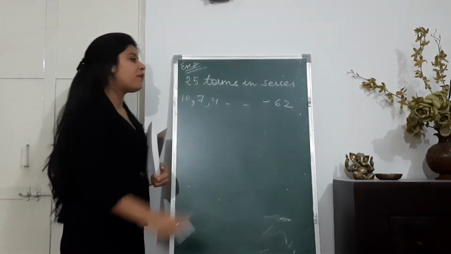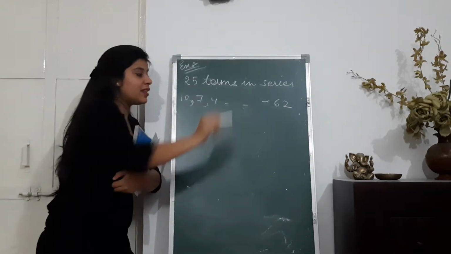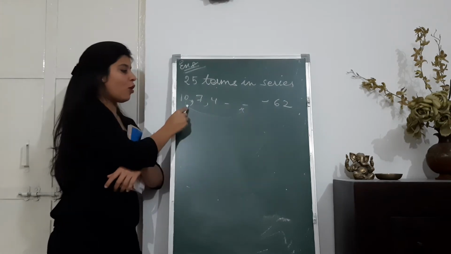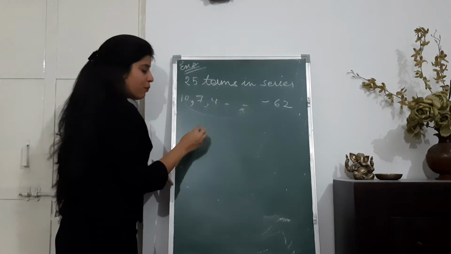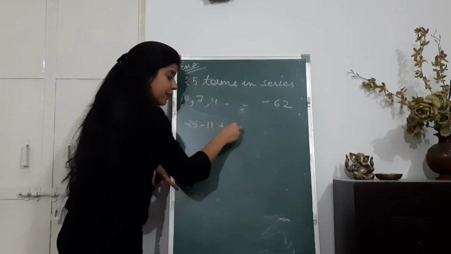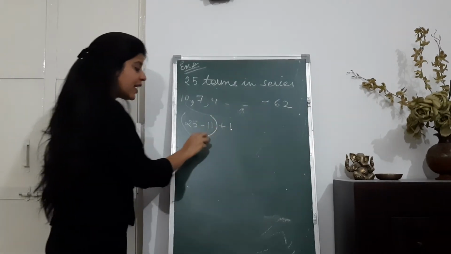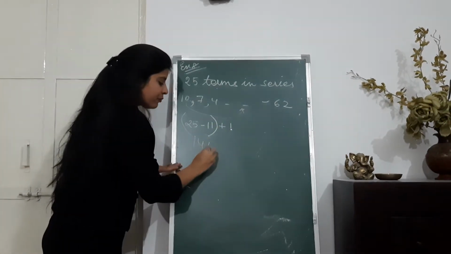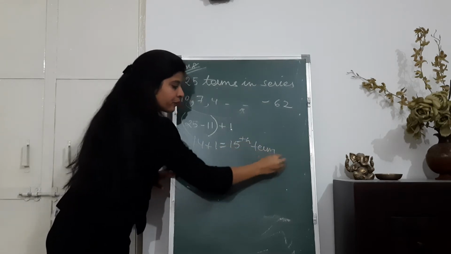If there are 25 terms, what term will it be from the forward of an arithmetic progression? It will be very important. It will be 25 minus 11 plus 1, which is 14 plus 1, the 15th term.